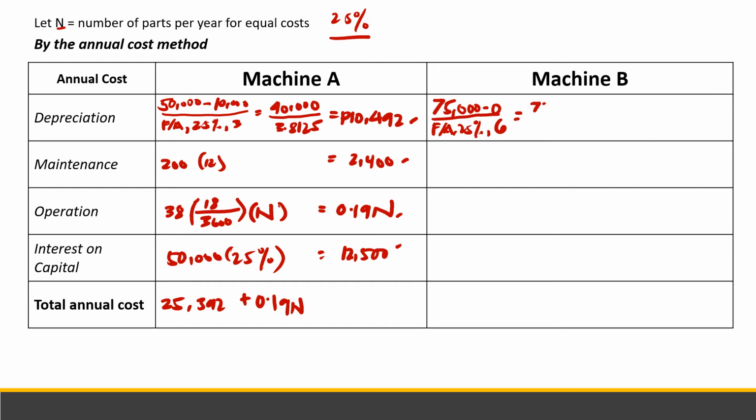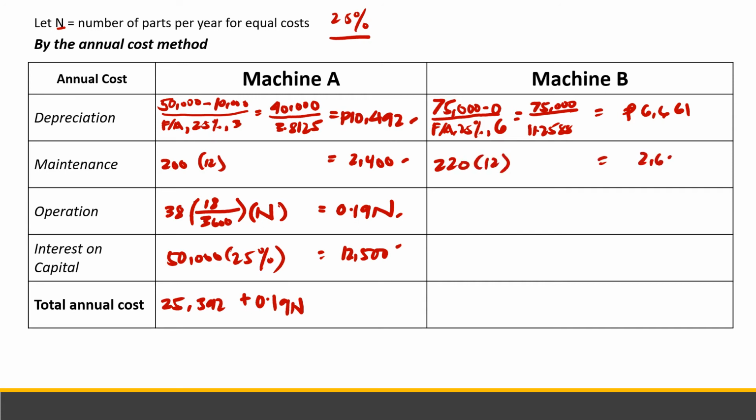So this is equals to 75,000 over 11.2588. So this is equals to 6,661 pesos.